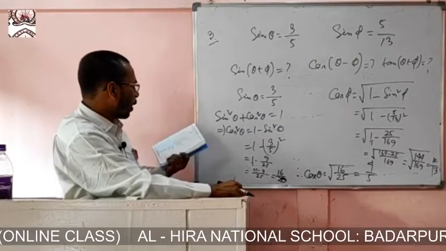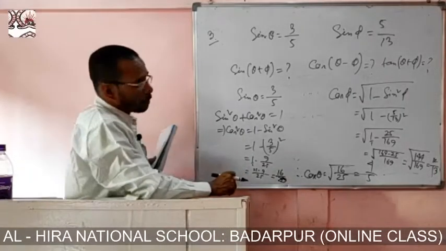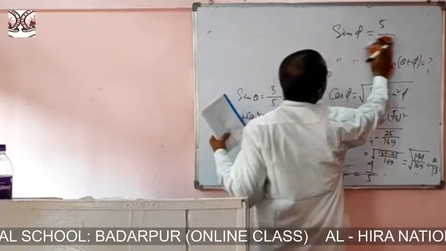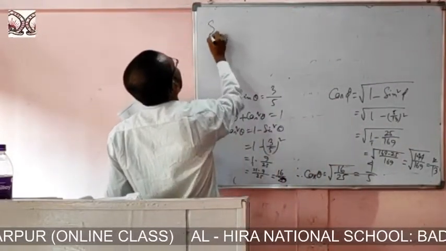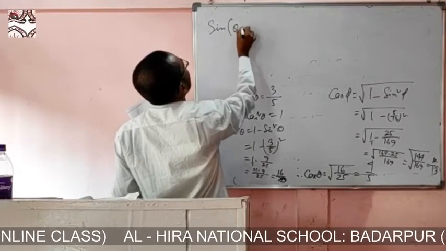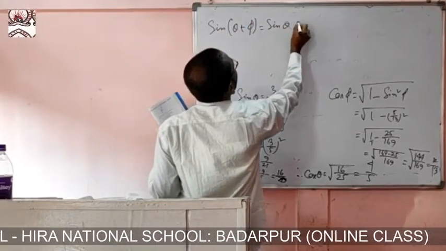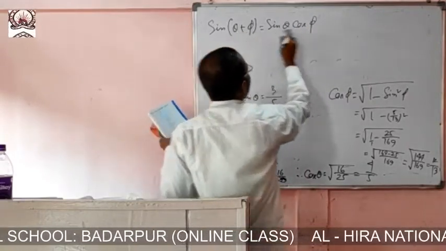Now you can use the formula. The formula is sin a plus b is sin a cos b plus cos a sin b. Here a is theta, b is phi.